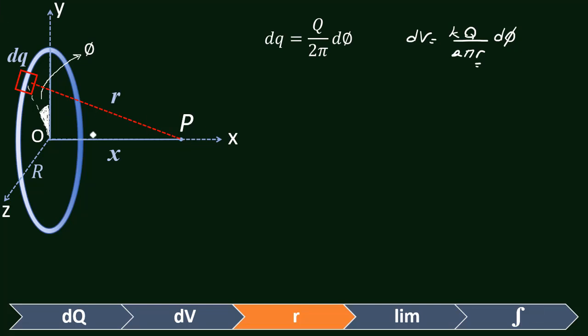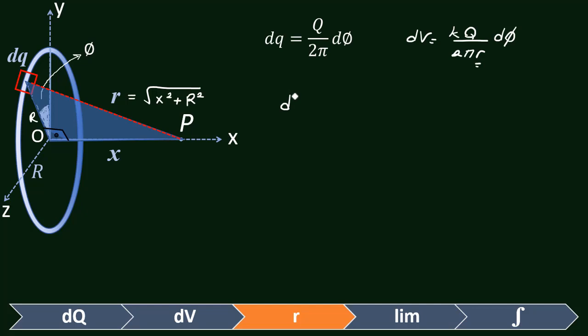Again, r can be described in this triangle. Since this side of the triangle is on the YZ plane and the x-axis is always perpendicular to the YZ plane, this is a right angle. So this is a right angled triangle with sides x and capital R, and r can be rewritten as square root of x squared plus R squared.